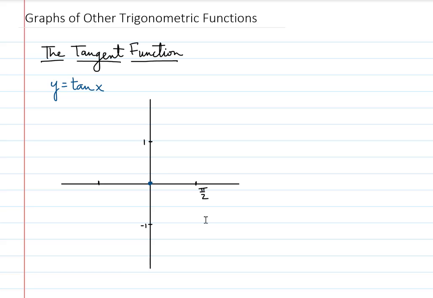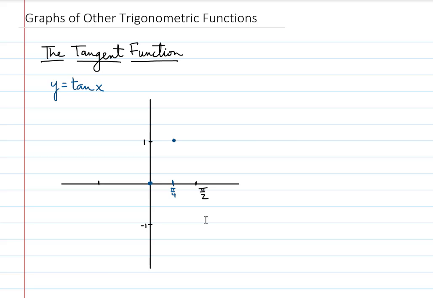And let's keep plugging in more points here. I've labeled this to be my pi halves. What about pi fourths? So what's tangent of pi fourths? If you look at your unit circle, square root of 2 over 2 divided by square root of 2 over 2, that should give you a nice 1. And we keep going, right? What about those angles right beside pi fourths, to the left and to the right?